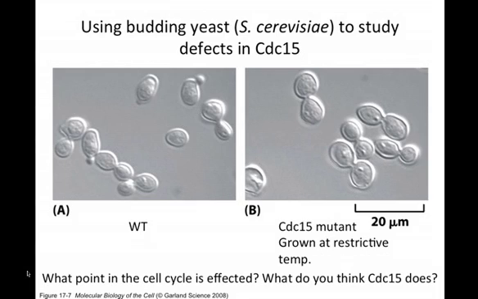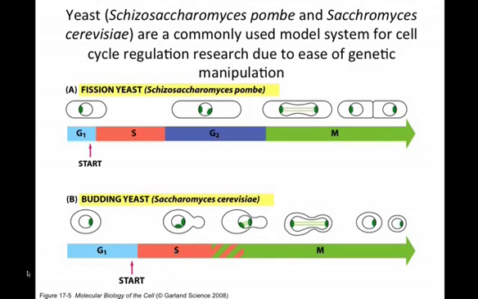Okay, so this is using budding yeast to study defects. So remember, budding yeast buds. It creates a little bud rather than just using fission.